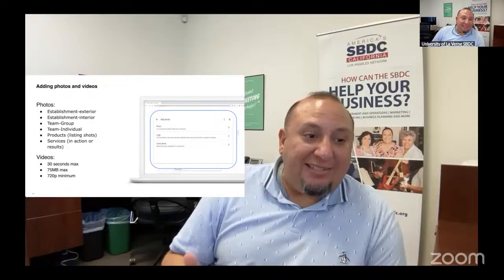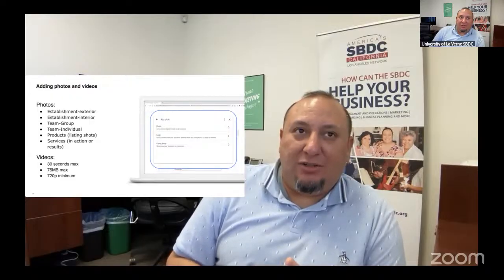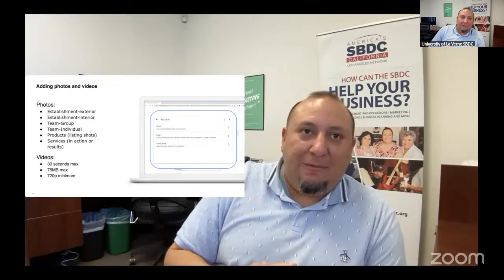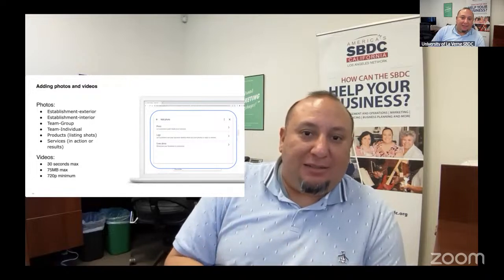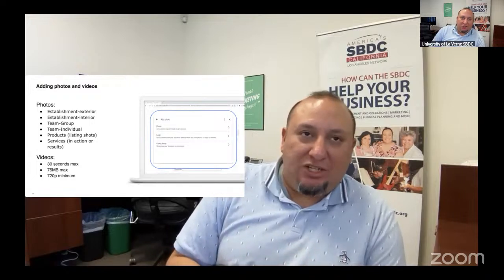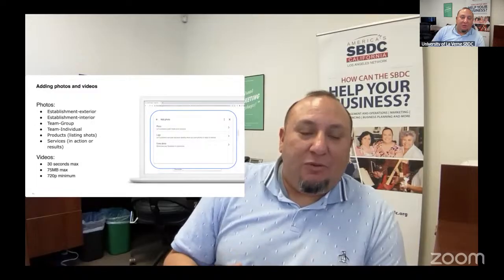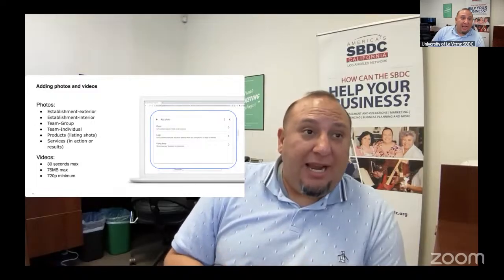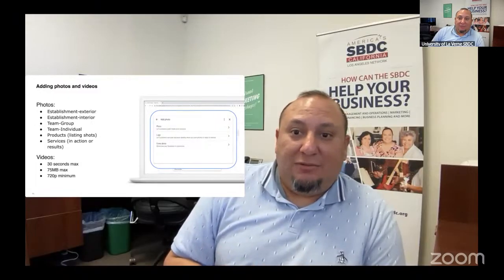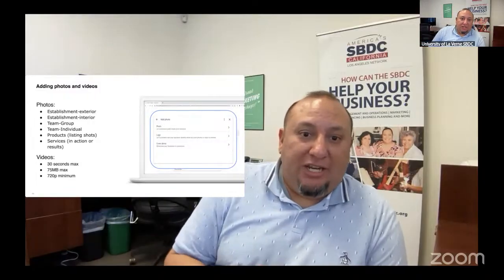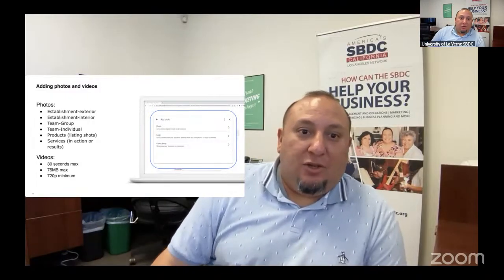And 720 is the minimum. It's still kind of HD, but if you can't do it, don't worry about it. But if you can, you want to make it deliberate and not just shooting 30 seconds of whatever in your business. You want to make it appealing.